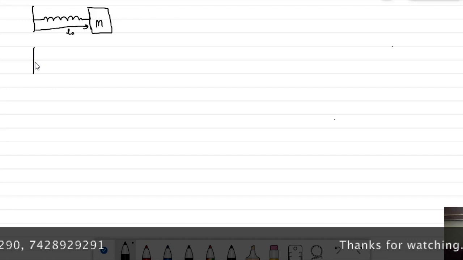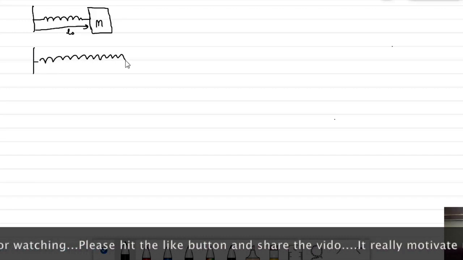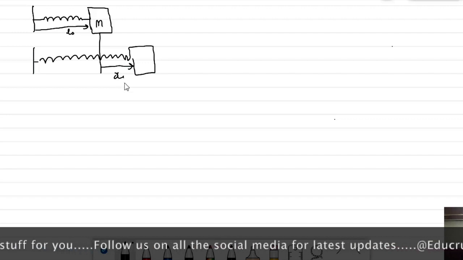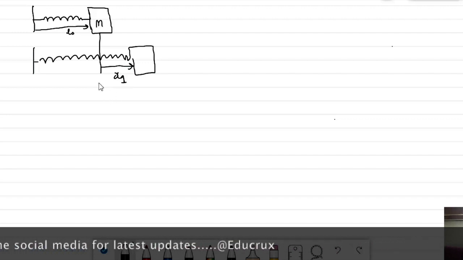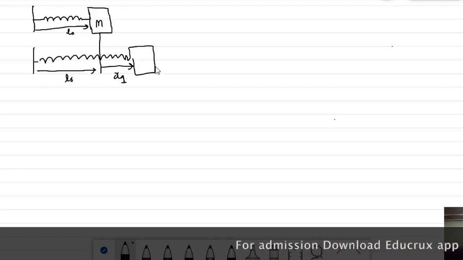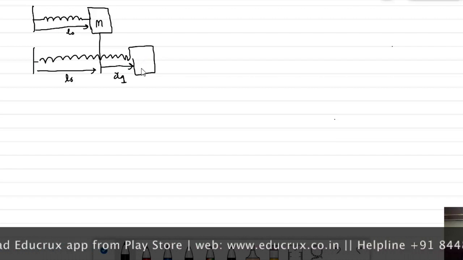So let us now suppose that I elongate this spring by a displacement x1. So if I extend or elongate this spring by x1, then the force that will act on the block will be in the minus x-axis.